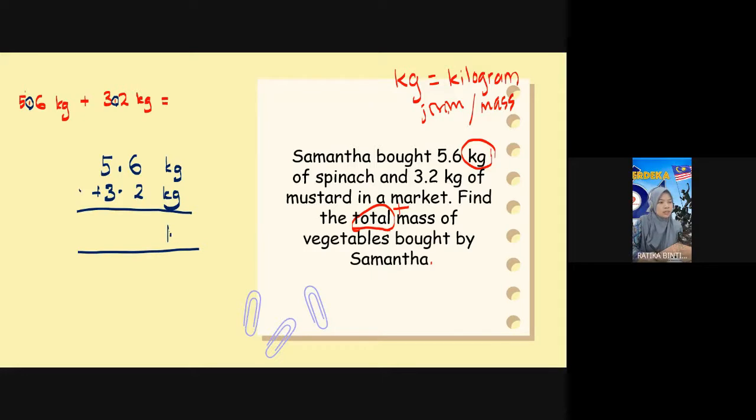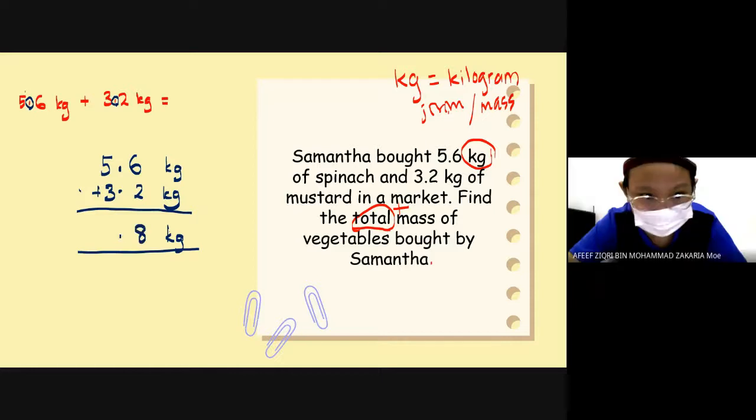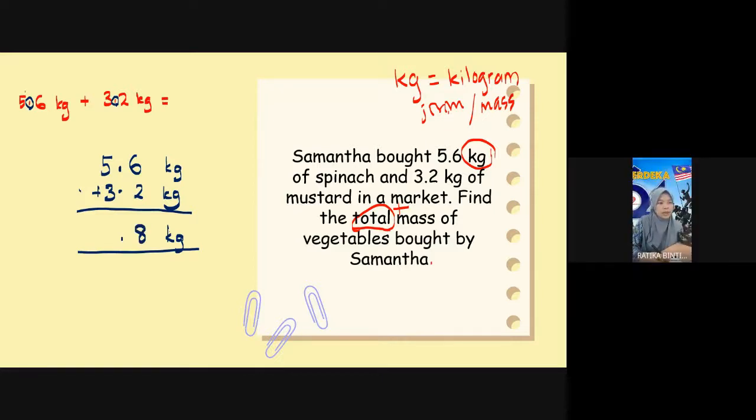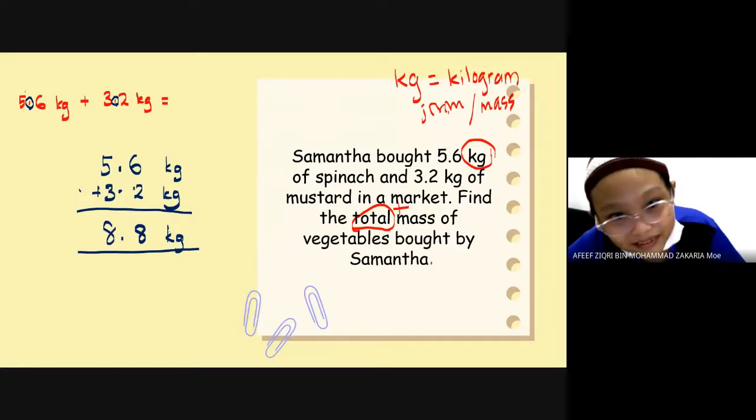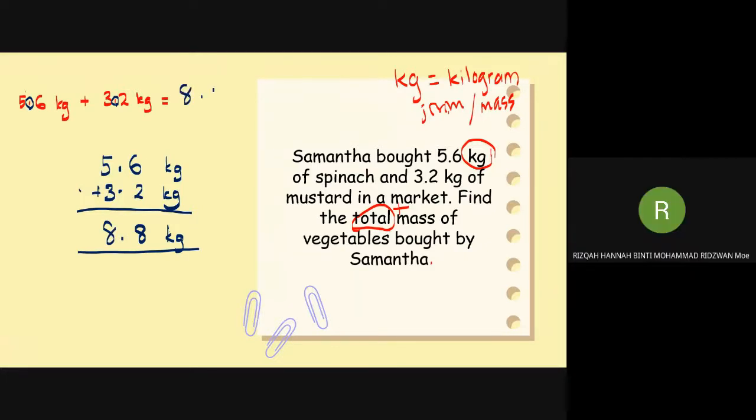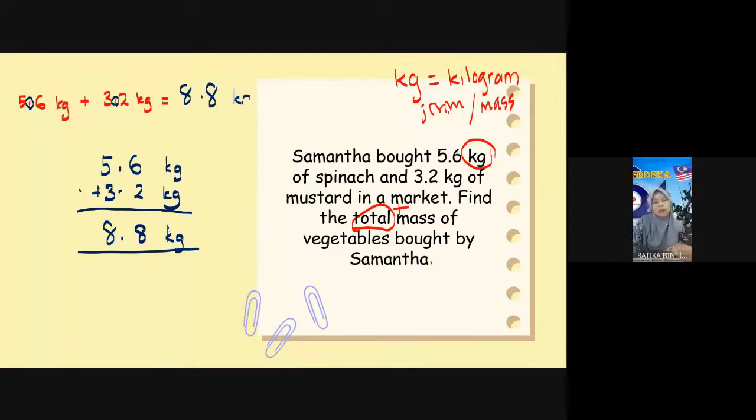Don't forget the unit, kilogram. 6 plus 2 is 8. Very good. So, the decimal point must be in one straight line. 5 plus 3 is 8. So, the answer is 8.8 kilogram. As simple as that.